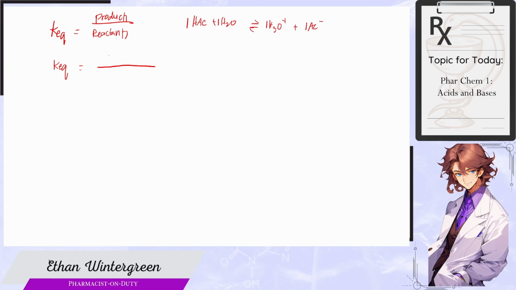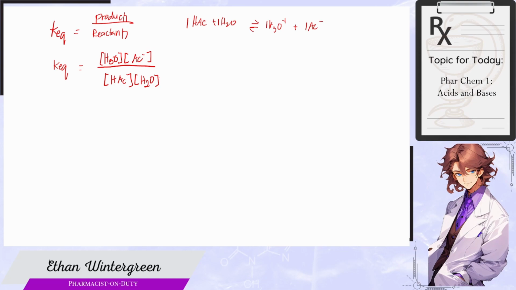So KEQ is equal to the concentration of H3O. Remember that if a chemical is in brackets, it is concentration in molarity. [H3O] multiplied by the concentration of acetate over the concentration of acetic acid multiplied by the concentration of water.